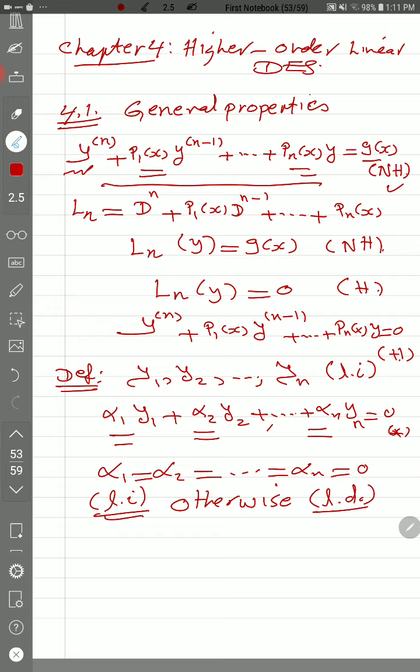So let's go now to another page. We defined the Wronskian before. You remember the Wronskian for second order; now we make the general definition for higher order.